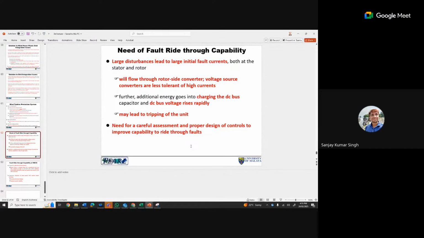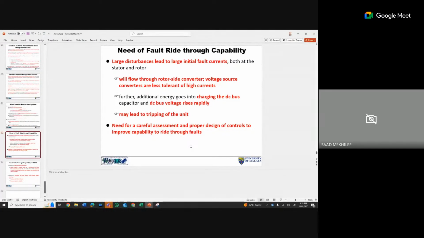Yes, very true. I think the current percentage is like 70-30: 70% grid following and 30% grid forming. That is a good percentage. However, there is now even a way to make an inverter work as both grid forming and grid following.